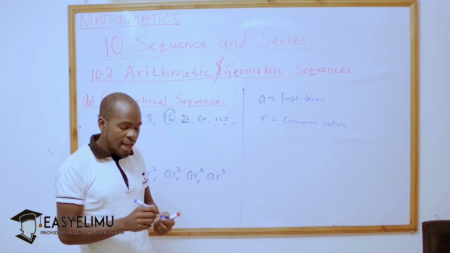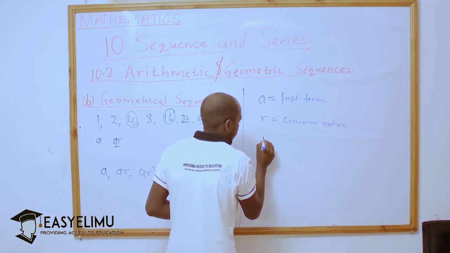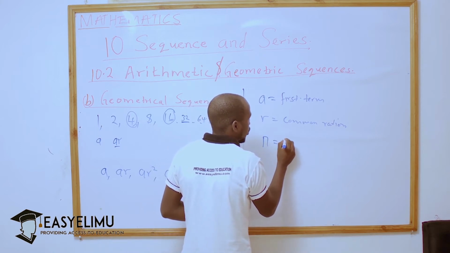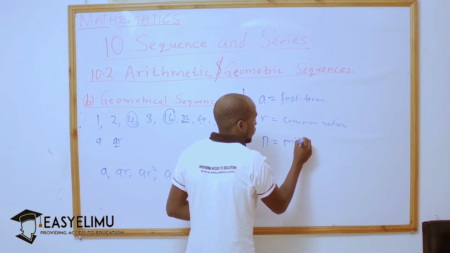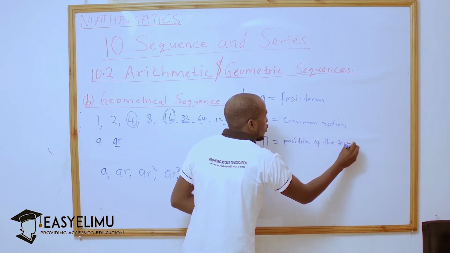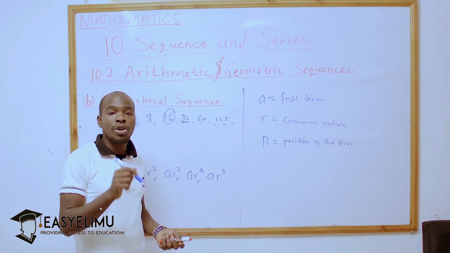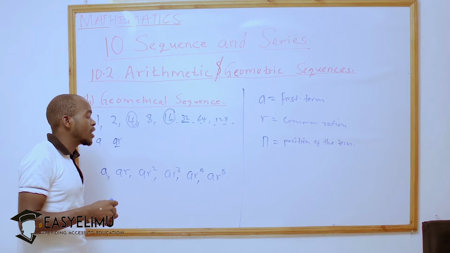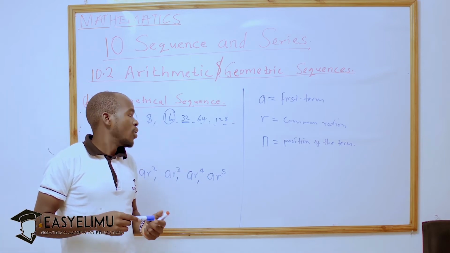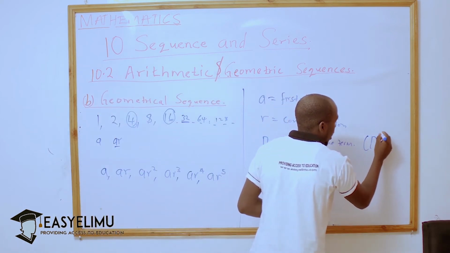And the position of the term which we want to find is N. We want the term at position N, not the fifth, for example, so that is the nth term.